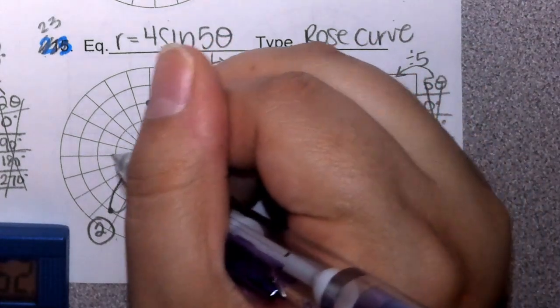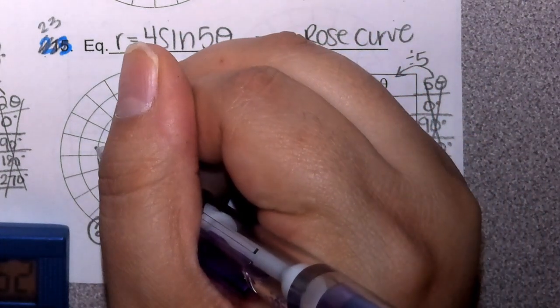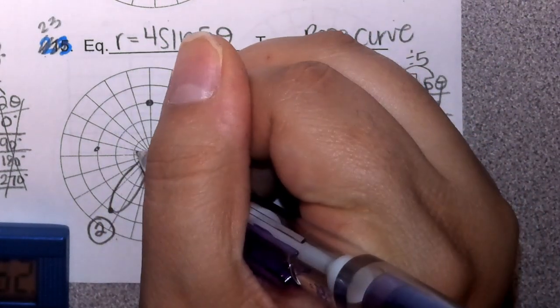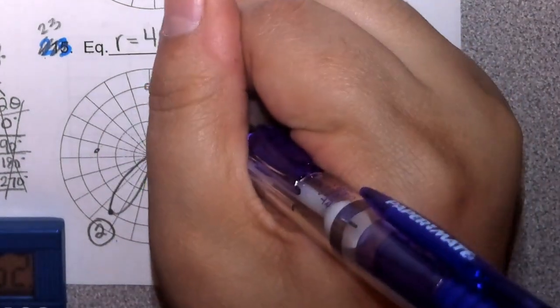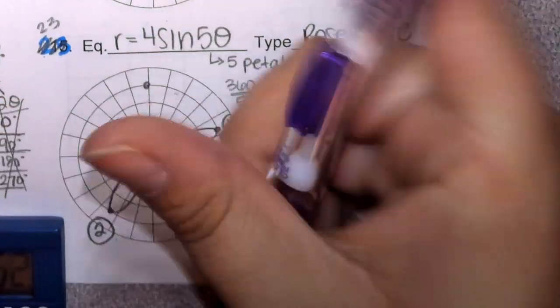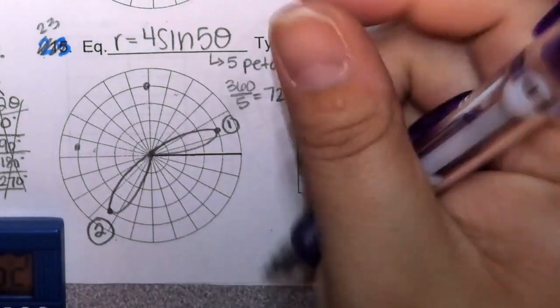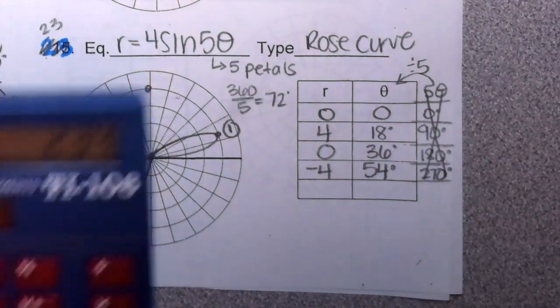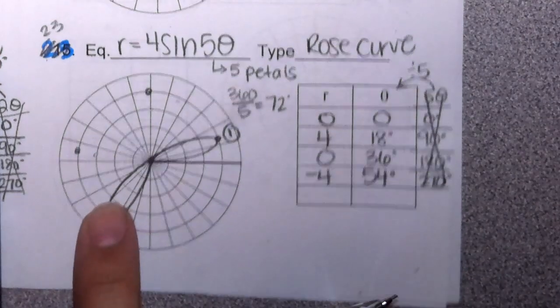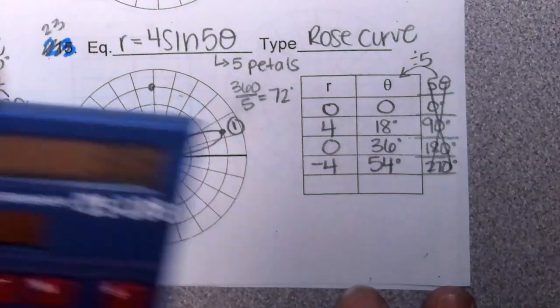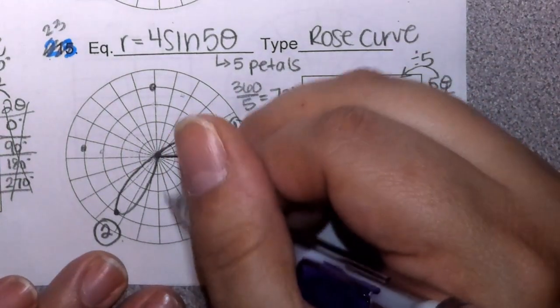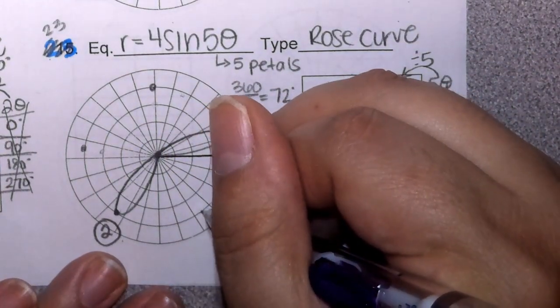There's going to be a petal at 162 degrees. Oh, I did that wrong, didn't I? Hold on, I graphed that wrong. That's supposed to be 1 up. If I add 72 to that, that's 234. That's about what that is right here. And if I add 72 to that, that's 306. There's 300, so that's like about right here.